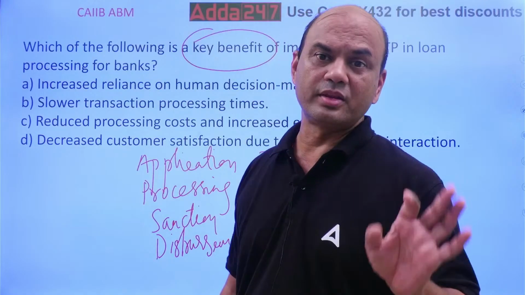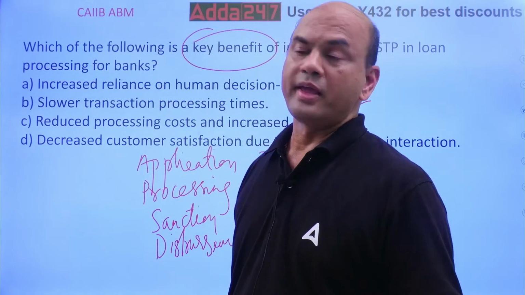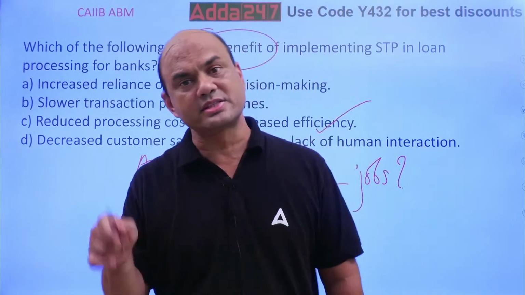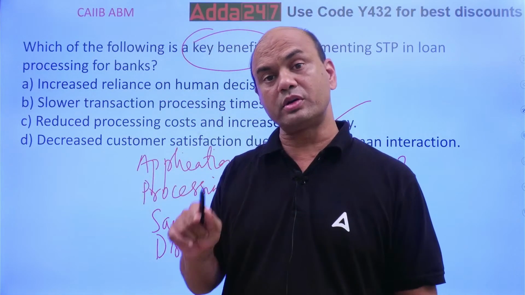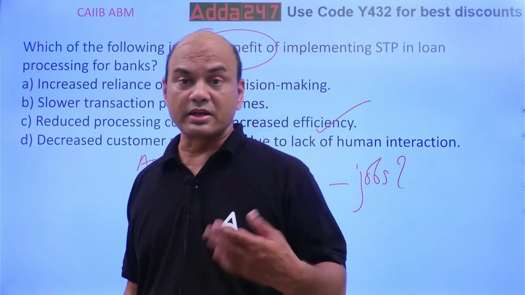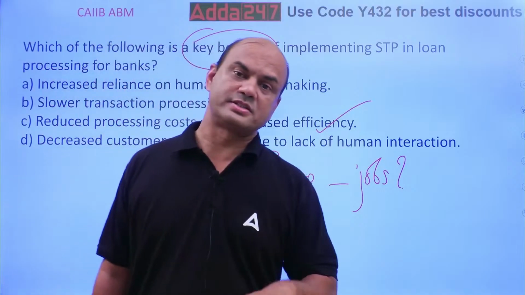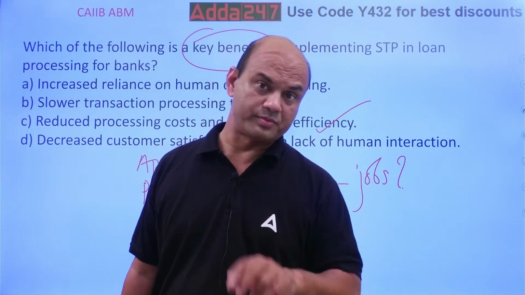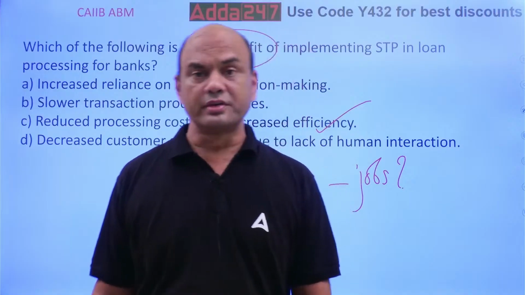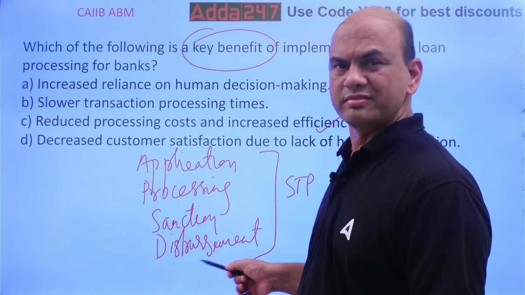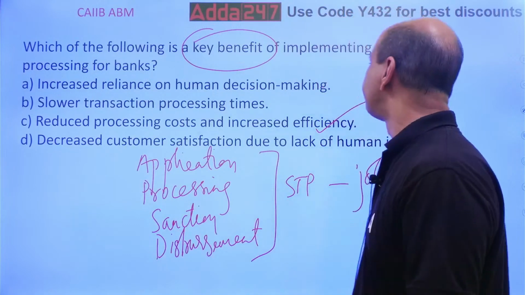No. As the technology changes, the levels of job also change. The method of job also changes. The format of the job changes. Jobs never go. So many of the bankers have this wrong notion in the mind. Kindly clear it.